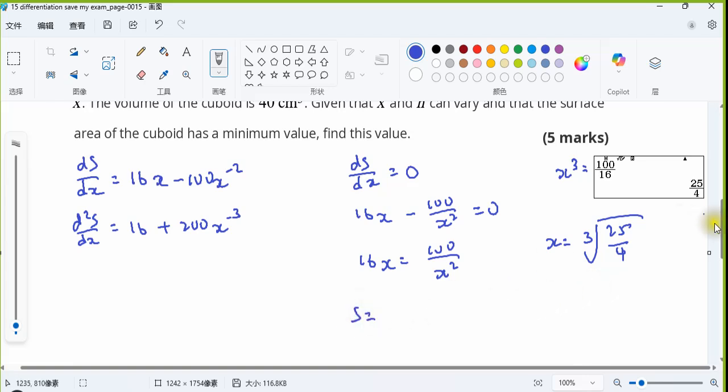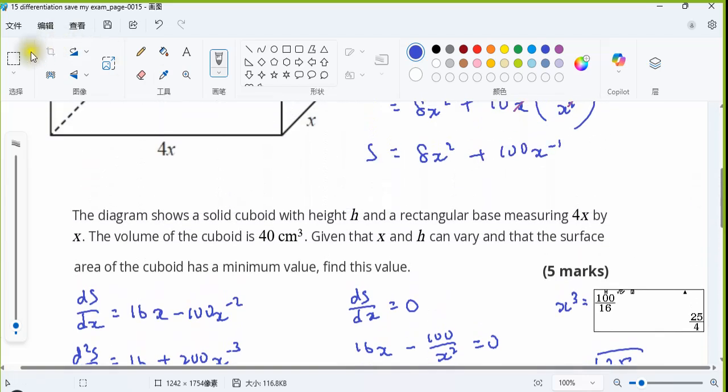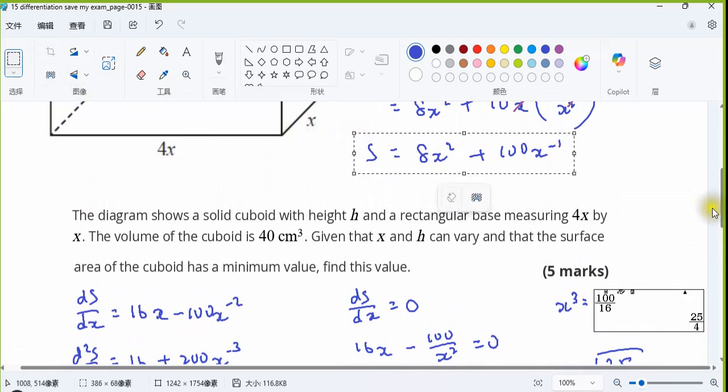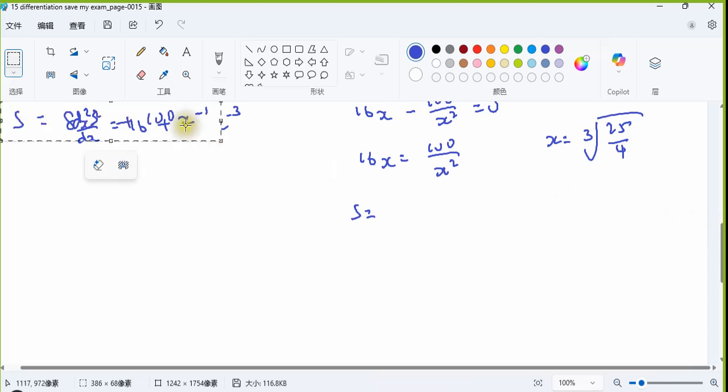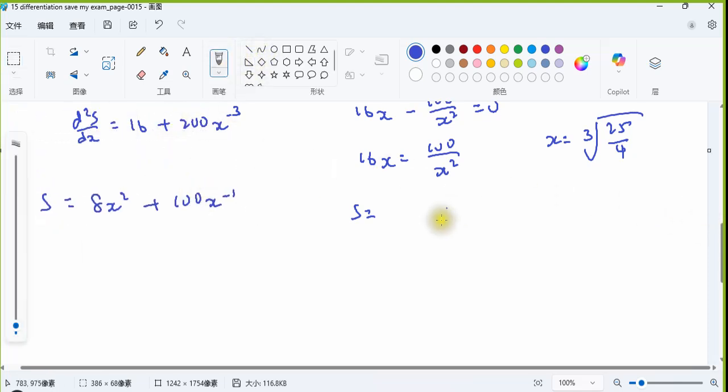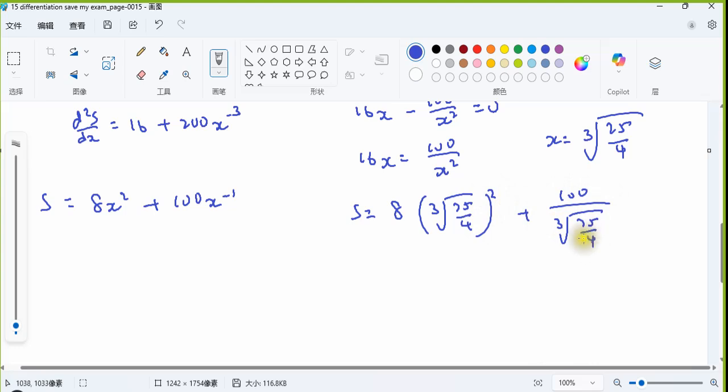So the surface area is this one. So it will be 8 times the cube root of 25 over 4 squared, plus 100 over the cube root of 25 over 4.